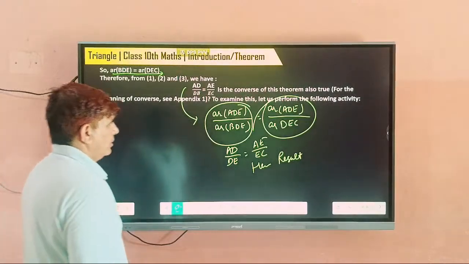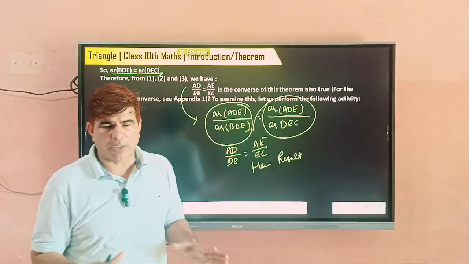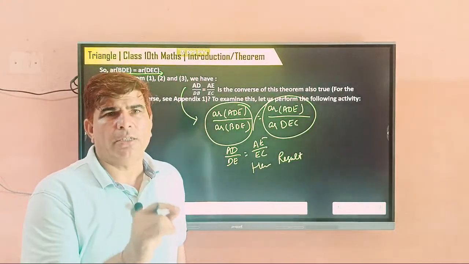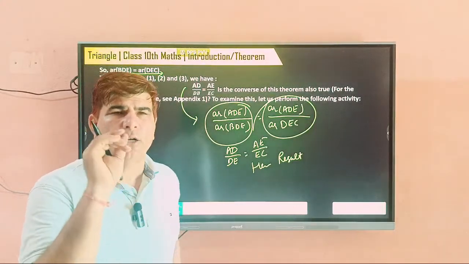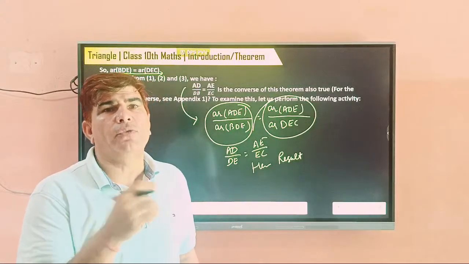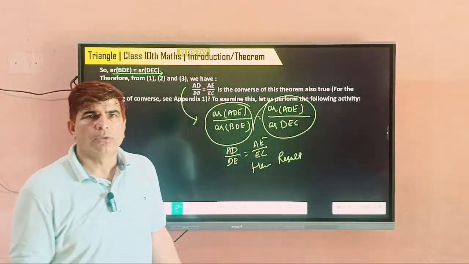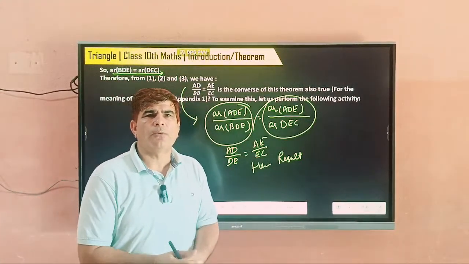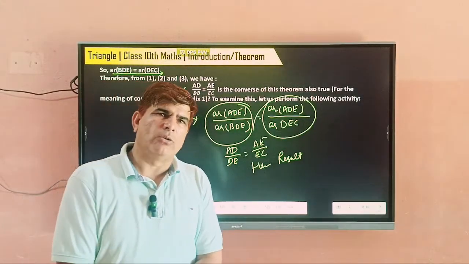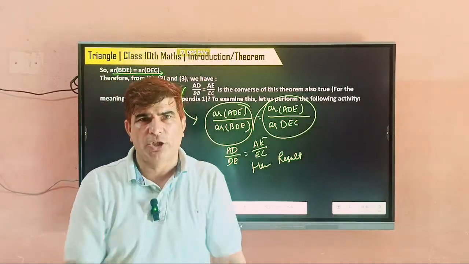Understood? Let me repeat; try to understand its statement. If a line segment is drawn parallel to one side of a triangle, intersecting the other two sides at different points, then the sides are divided in the same ratio. Or we can say if two triangles are equiangular, then their corresponding sides are in the same ratio.